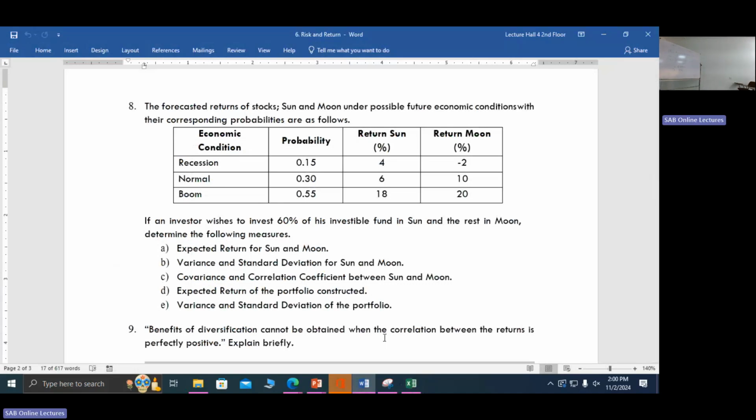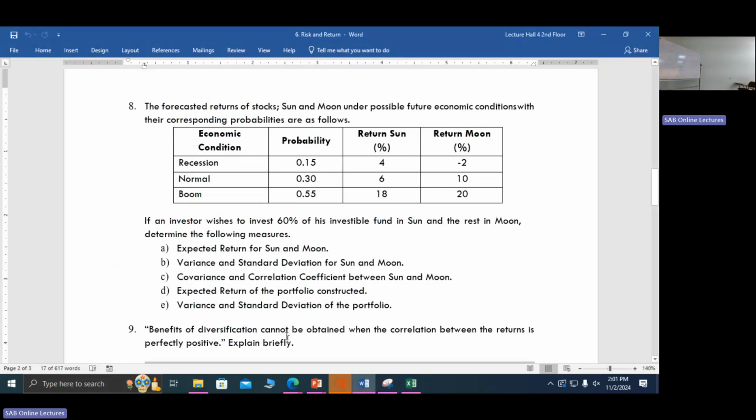Since the correlation is less than 1, some diversification is there, but it is very weak. Not much strength. There is diversification, but it's weak because the correlation is 0.92, very close to perfect positive one.